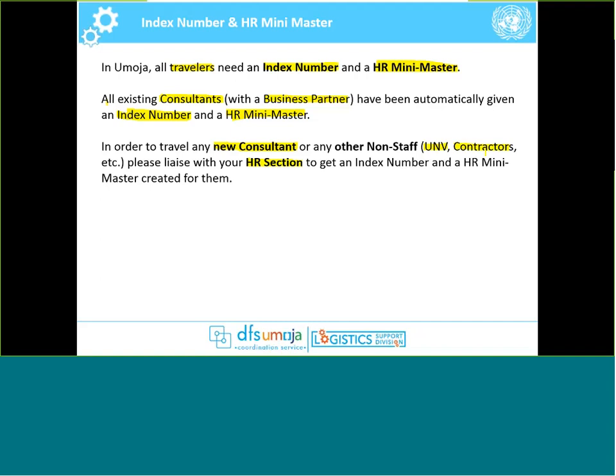So Paulo is asking which index number you are supposed to use for them. They should have an index number, and if, for example, we are talking about a UNV that never traveled before, you'll need to contact the HR section in your unit to make sure that they create a new index number for them and populate the HR profile so that you can initiate the travel request.